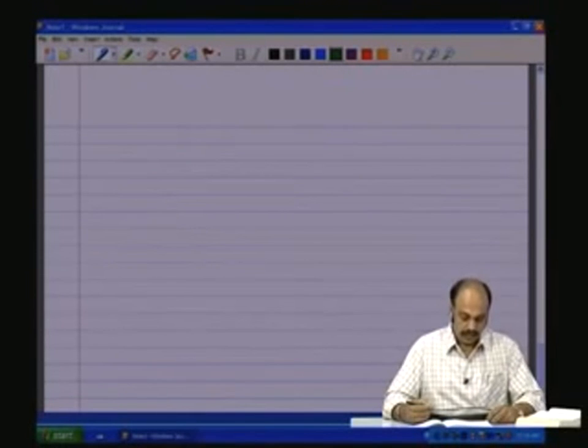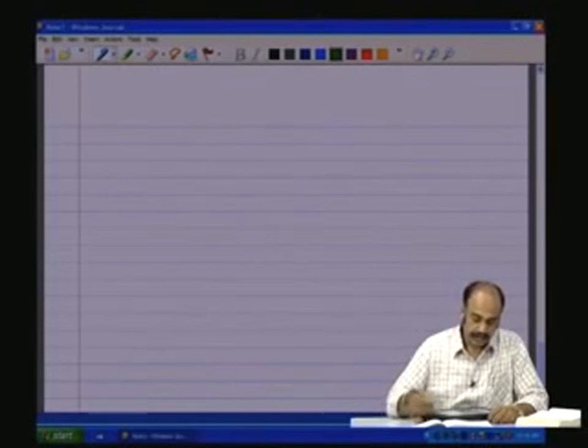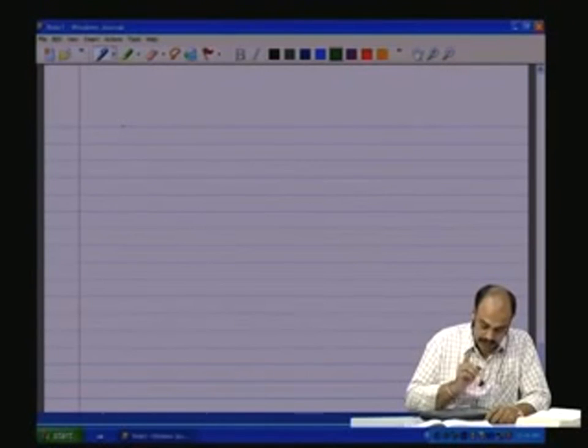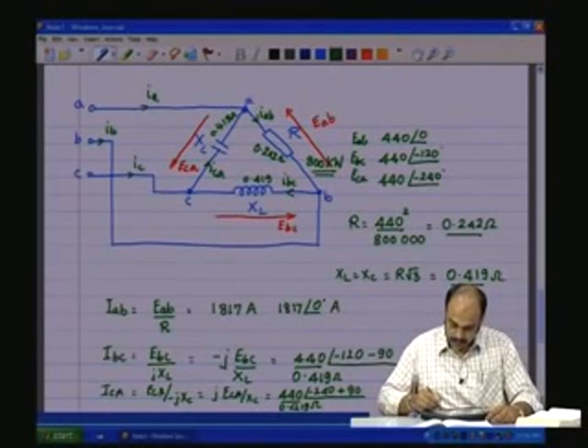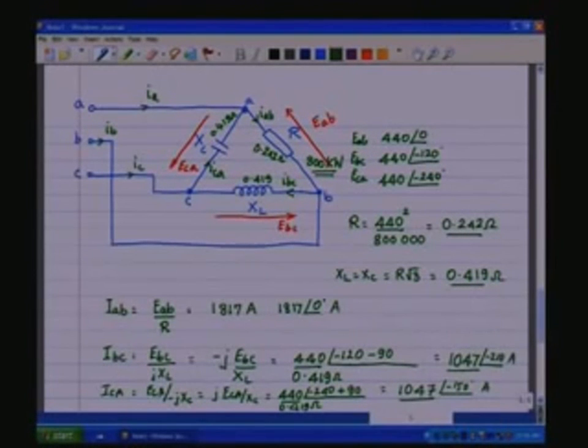There is one more small topic that we need to discuss. Just one moment. We go back here. We have calculated this. Now, what is IA, IB, IC, the line currents?